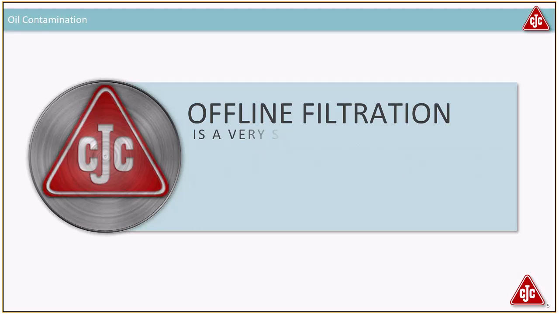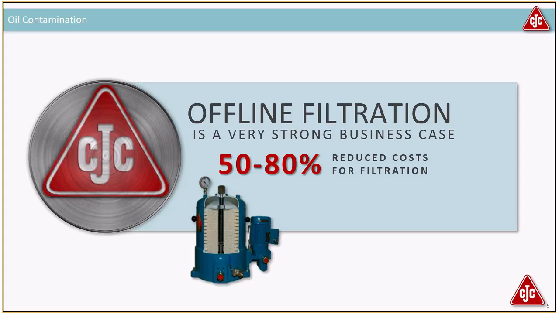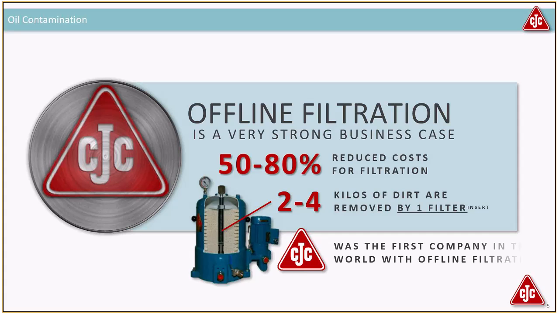The good business case is primarily because you can reduce the cost of filtration, mainly because the filters hold a lot more dirt. The dirt hold capacity is very big, typically 2 to 4 kilograms per insert. That will be 4 to 8 pounds in the US. CCJENSEN was one of the first companies in the world to work with offline filtration.